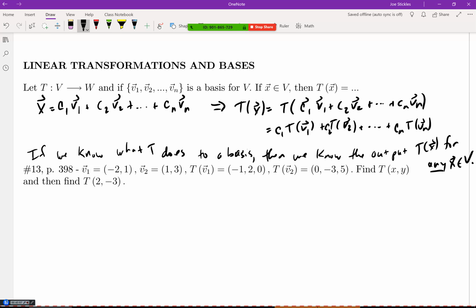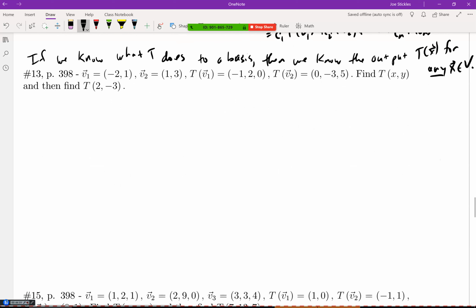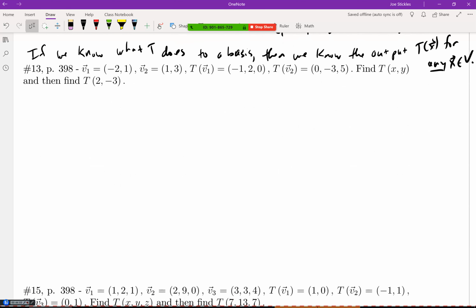Okay? So let's look at an example here, and it's probably the last example I'm going to have time for, given the time. We've got v1 is the vector negative 2, 1, and v2 is the vector 1, 3.